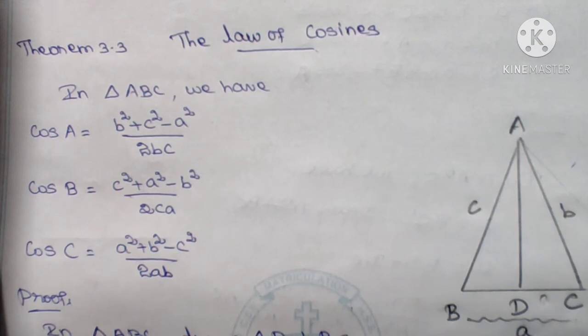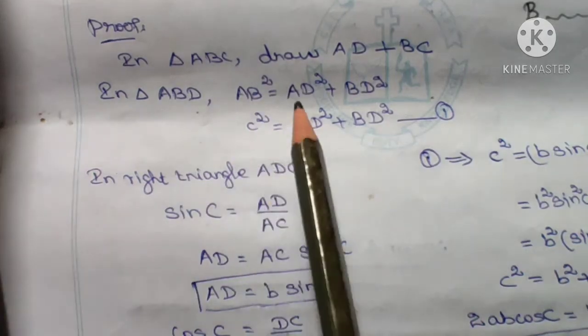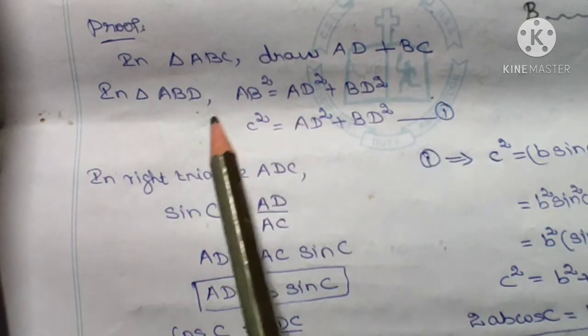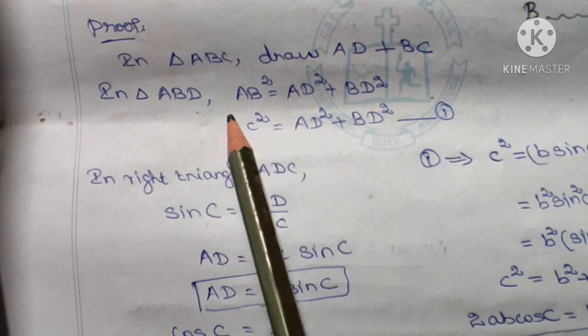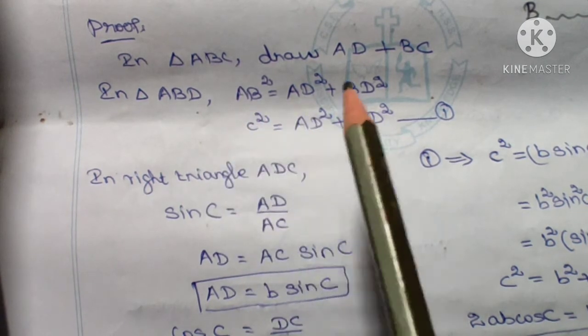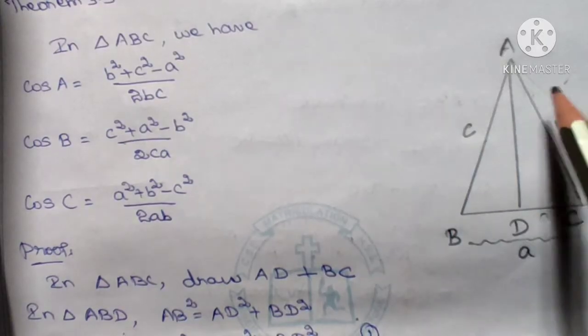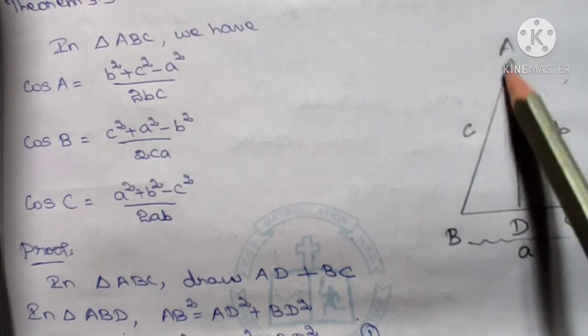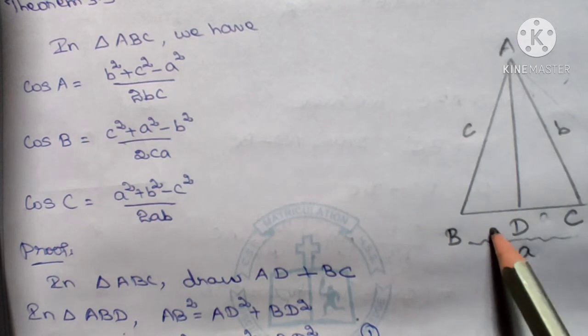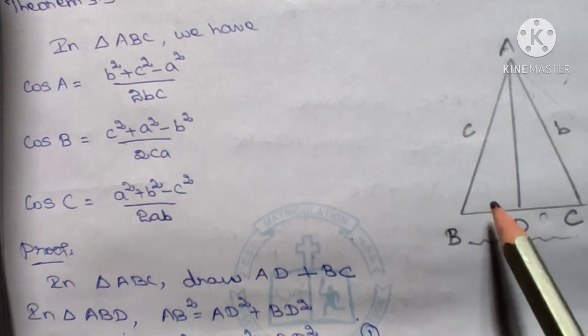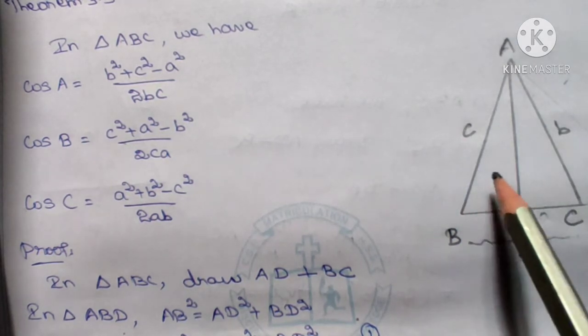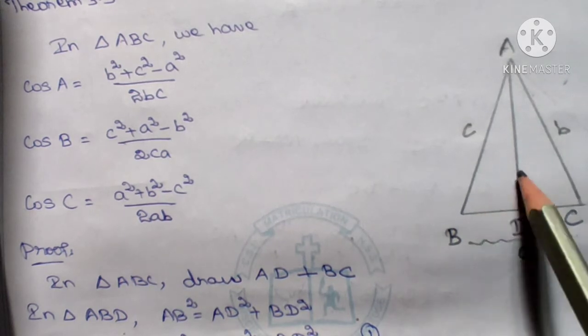Listen to the proof part. In triangle ABC, draw AD perpendicular to BC. In triangle ABD, AB² = AD² + BD². See the figure. Take the right triangle ABD. Already you know the Pythagoras theorem. What's the definition? Hypotenuse squared is equal to the sum of the squares of the other two sides.